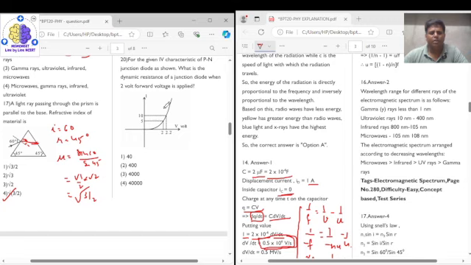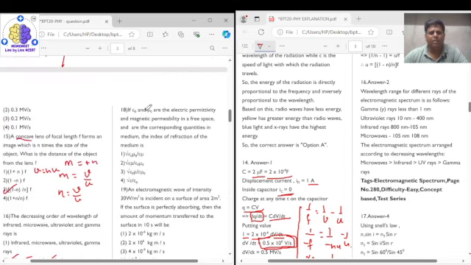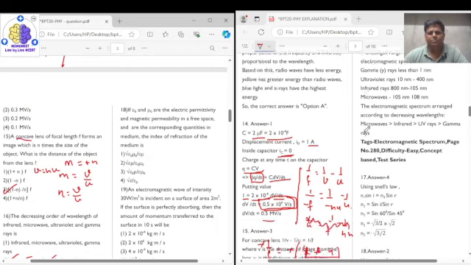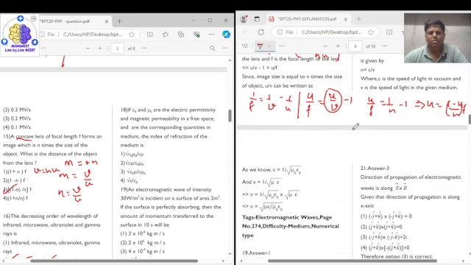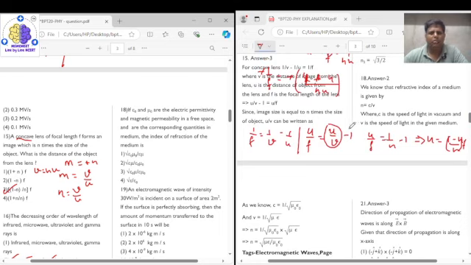right? Now coming to your question number 18, if mu naught and epsilon naught are the magnetic permeability and electric permittivity. Epsilon naught is electric permittivity and mu naught is magnetic permeability in free space, and mu and epsilon are the corresponding quantities in the medium. The index of refraction of the medium is given as, right?